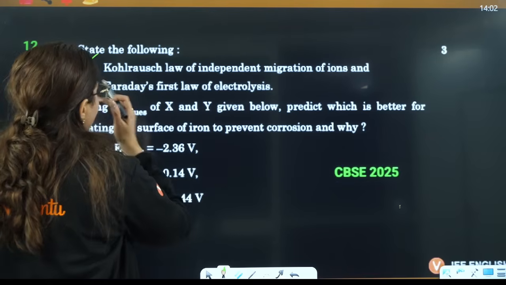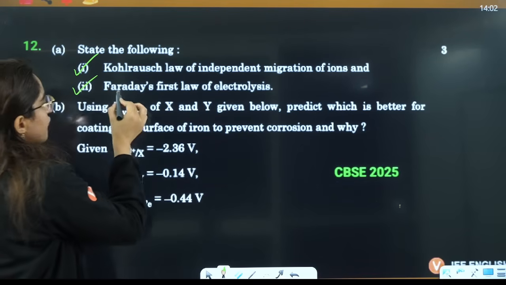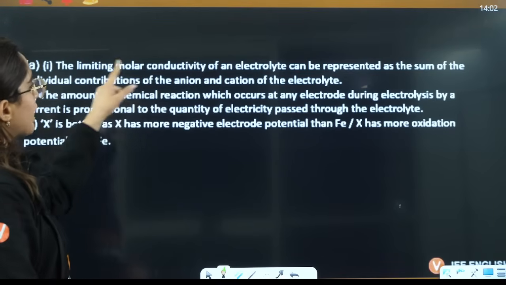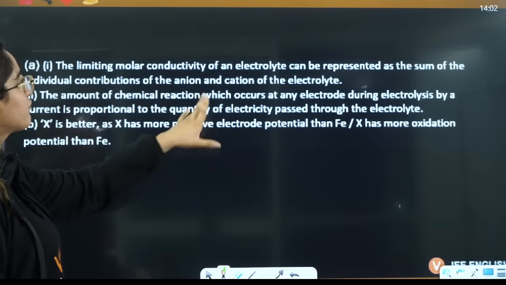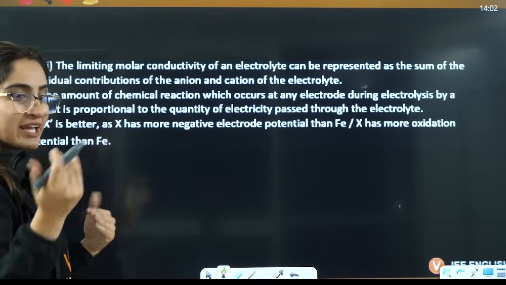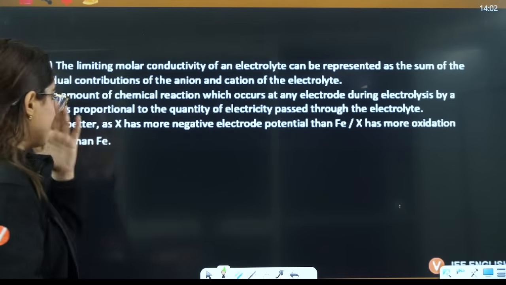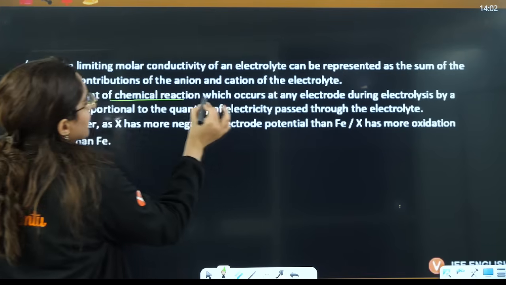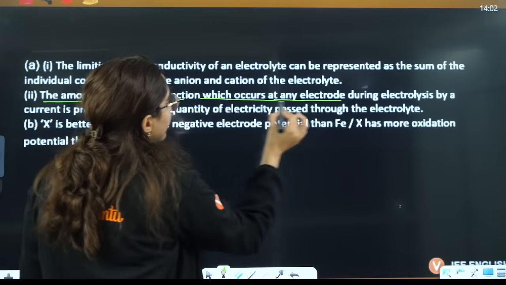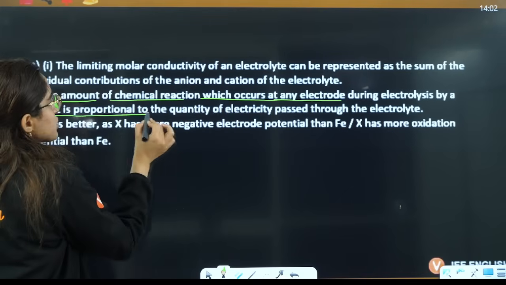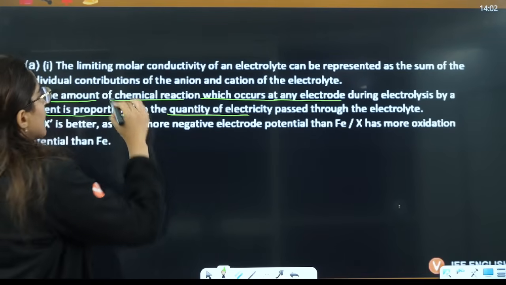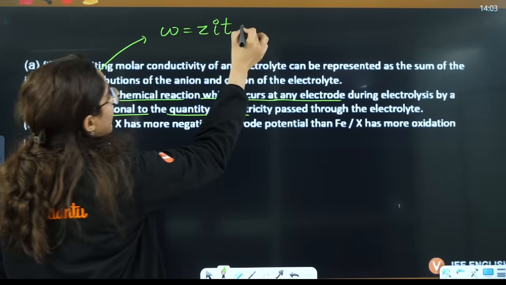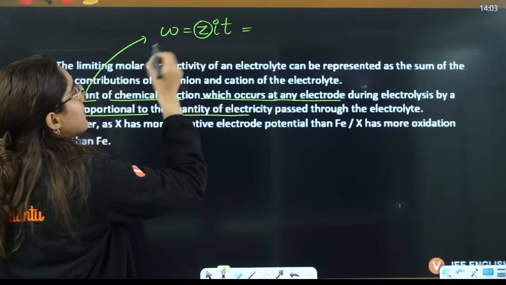Next is Faraday's first law of electrolysis. Faraday's first law states that the amount of chemical reaction which occurs at the electrode during electrolysis is proportional to the quantity of electricity. Now Faraday's first law, you can also write the formula, W is equal to ZIt. Z is the electrochemical equivalent.